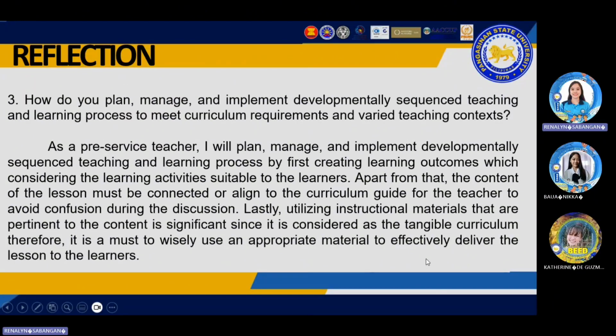And for our third question, it is the same as question number one. So our answer is, as a pre-service teacher, we will plan, manage, and implement developmentally sequenced teaching and learning process by first creating our learning outcomes, considering the learning activities that are appropriate or suitable to our learners.